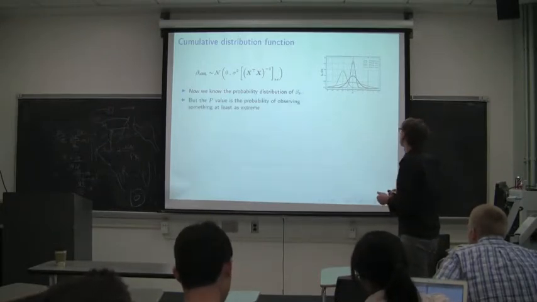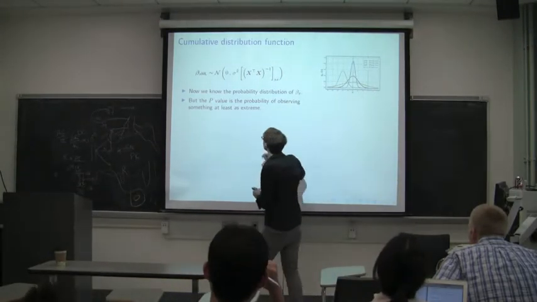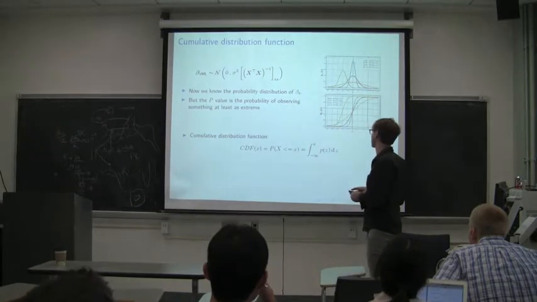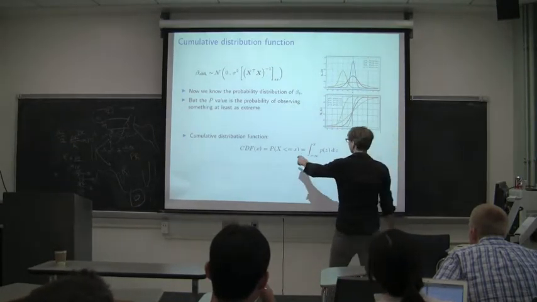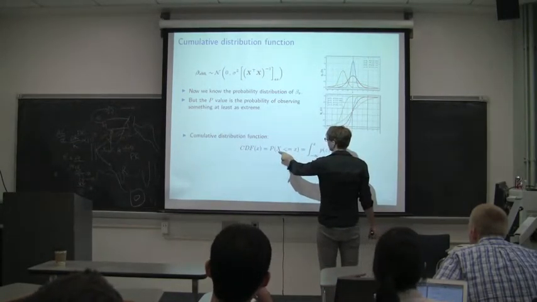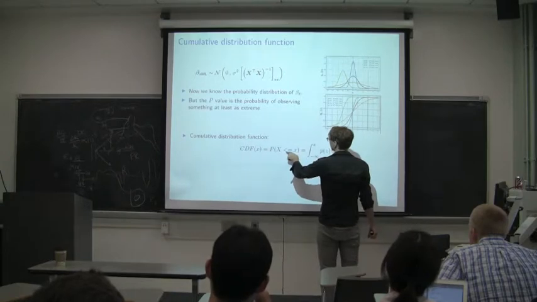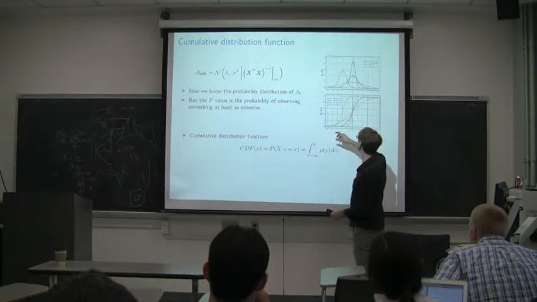Well, now what is the p-value? We said that the p-value is the probability of observing something at least as extreme, and as we said before, the probability of observing a value for the random variable that is smaller or equal than a given value is the cumulative distribution function.